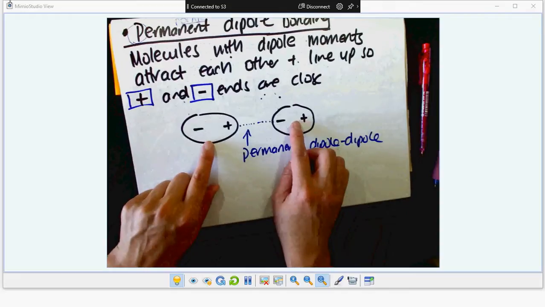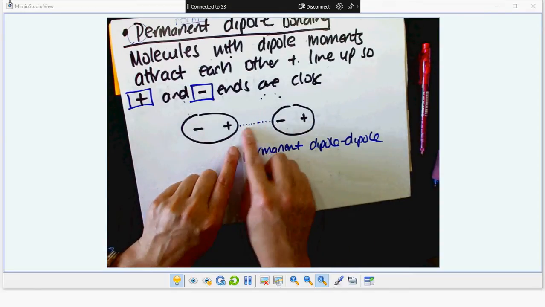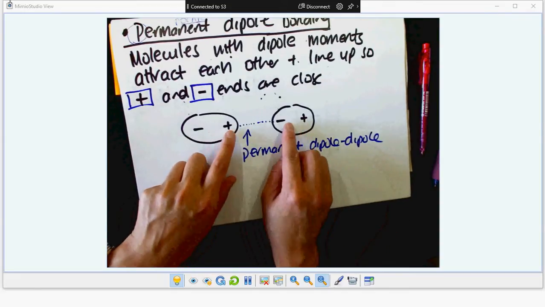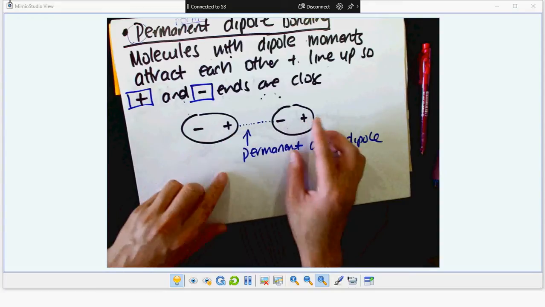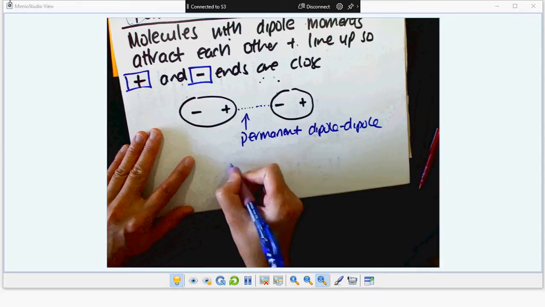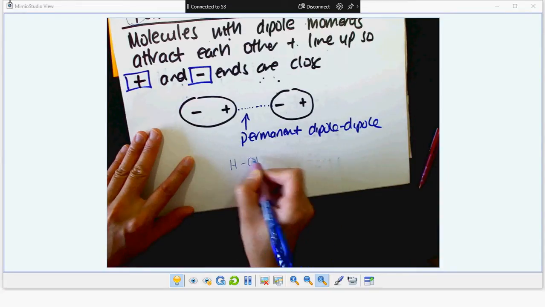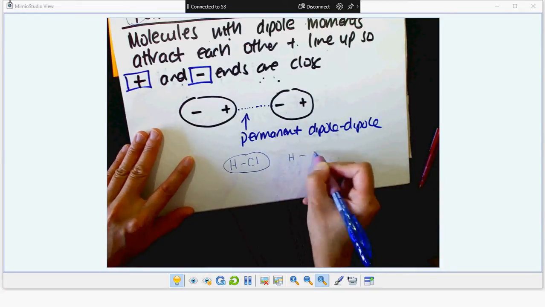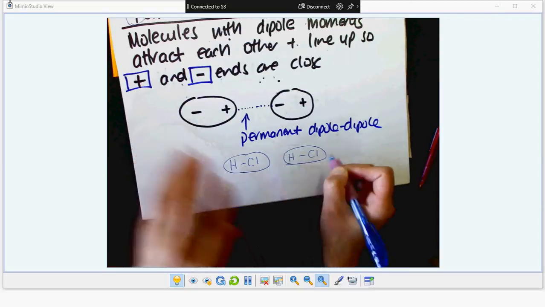So if you've got a molecule with a permanent dipole, the positive and the negative ends line up close. This is something like a molecule such as HCl. Here in HCl, which one's more electronegative?